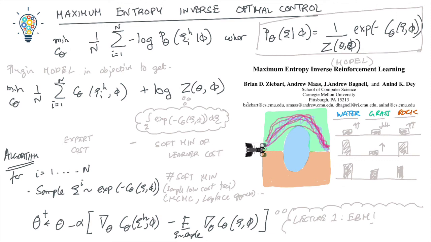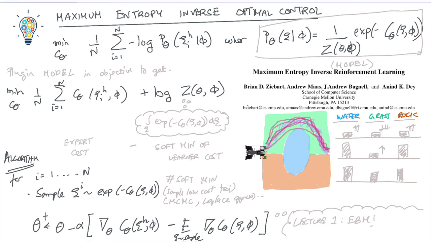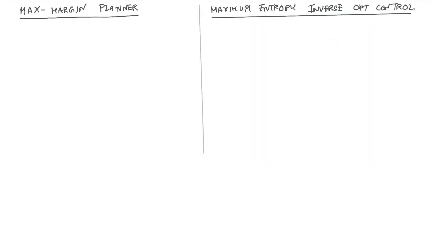And so this process, instead of calling an optimal planner, calling a sampler, gives us convergence, and we are able to match the expert distribution. And this is really great because for any experts, optimal or suboptimal, we are able to recover cost functions.